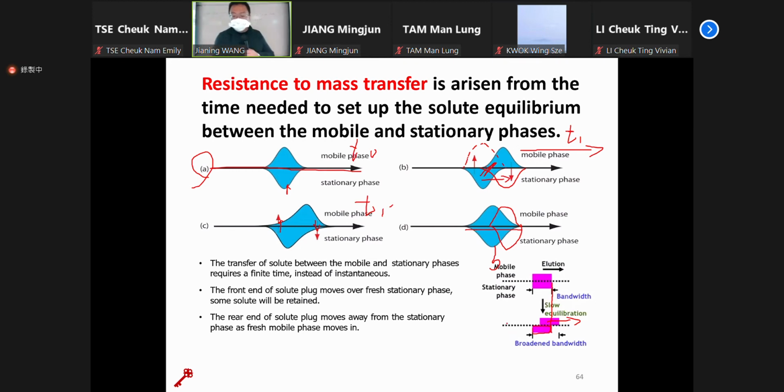So this is the mechanism. After many extraction or partition processes, the band broadening gets more severe. For any kind of chromatographic process, this is also unavoidable.